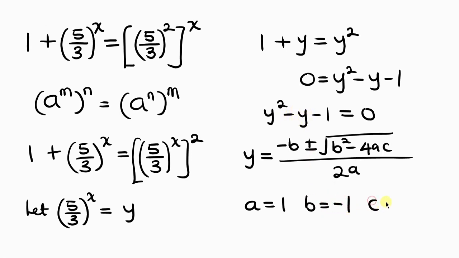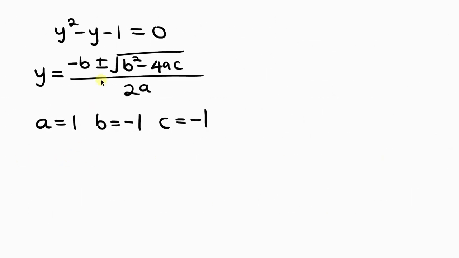And our c is the constant term, which is negative 1 as well, so negative 1. Very good. So let's substitute into this quadratic formula. So y is now equal to negative b, so negative b is negative 1, plus or minus the square root of b squared.